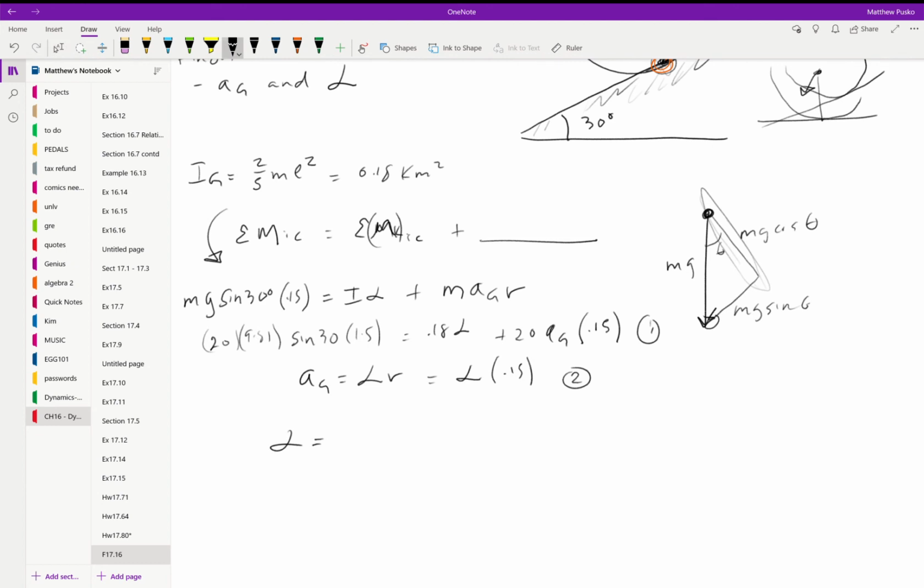We get alpha as 23.36 radians per second squared, in the positive direction. And the acceleration of g is 3.5 meters per second squared, and it's down at an angle of 30 degrees, or 180 plus 30, 210 degrees.